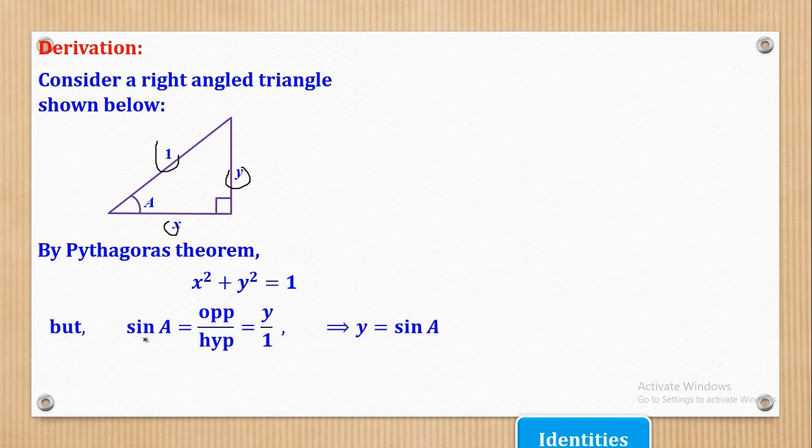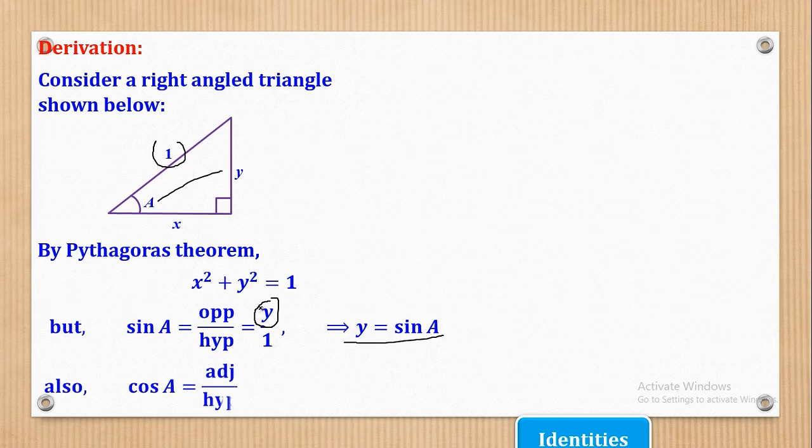But we know that sine A is equal to opposite over hypotenuse, where opposite is this and hypotenuse is that. When I make y the subject by cross multiplying, you realize that y is equal to sine A. Also, cos A is equal to adjacent over hypotenuse, where adjacent is this and hypotenuse is that. Meaning that when I make x the subject by cross multiplying, x will be equal to cos A.